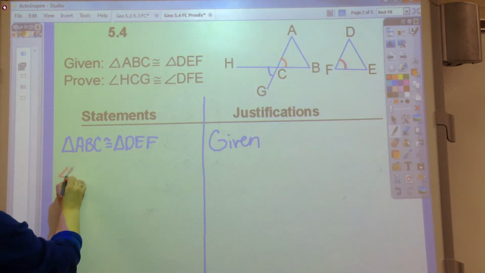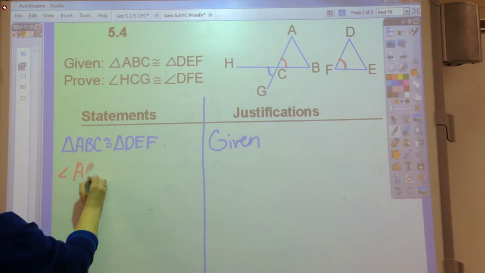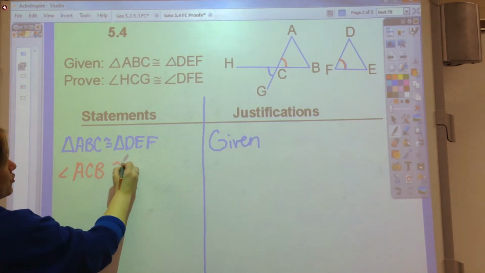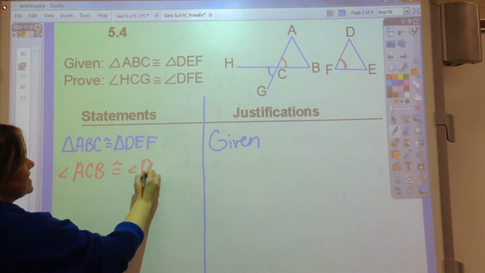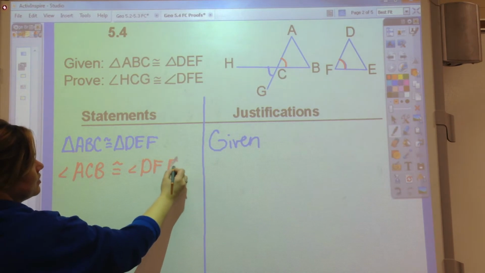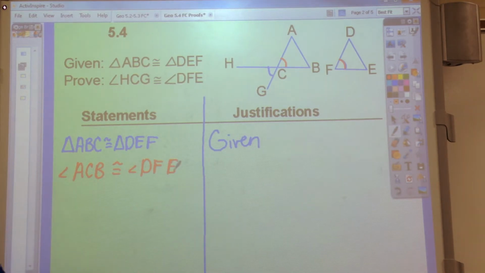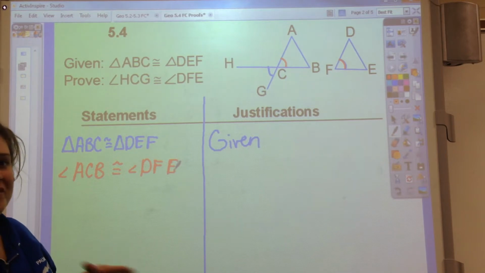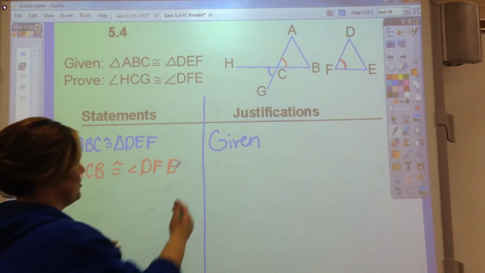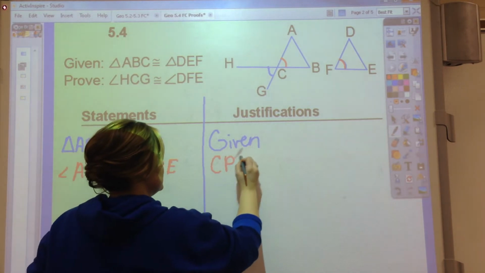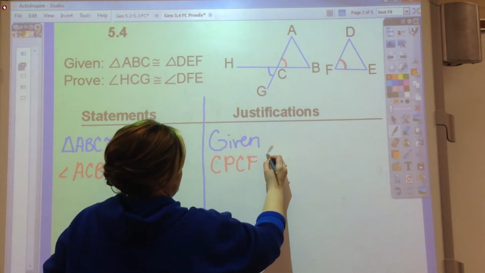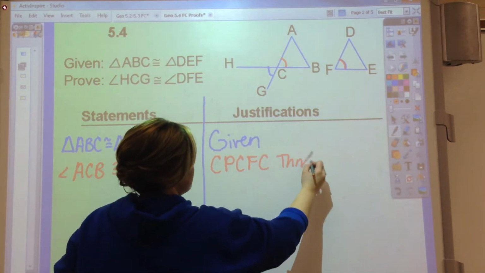Step one. Angle ACB must be congruent to angle DFE because of the corresponding parts of congruent figures are congruent theorem. That's the CPCF theorem.